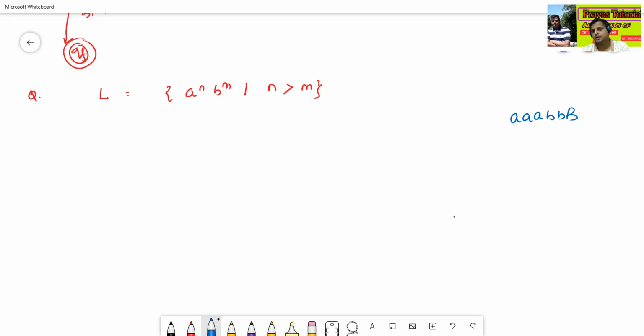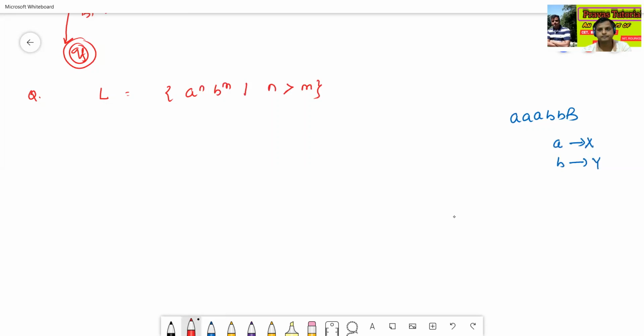Now the Turing machine will write X for A and Y for B. Now we'll construct the Turing machine.